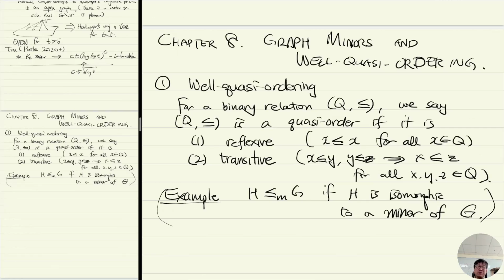But we can think of it like this: when you take a quotient of a quasi-order by the equivalence classes, you get a partial order.